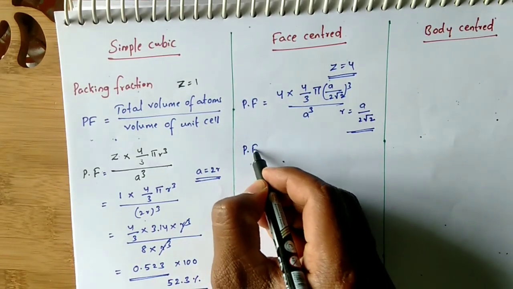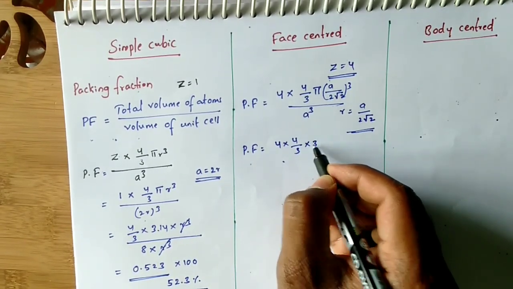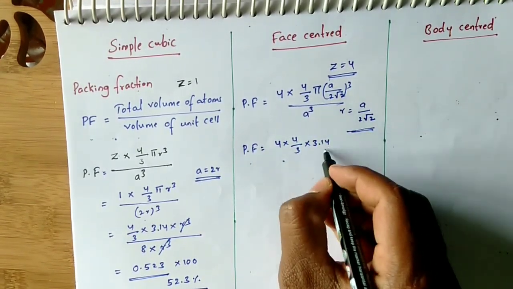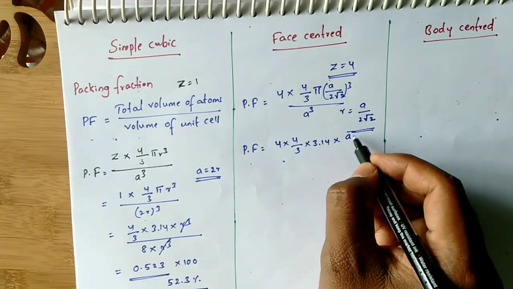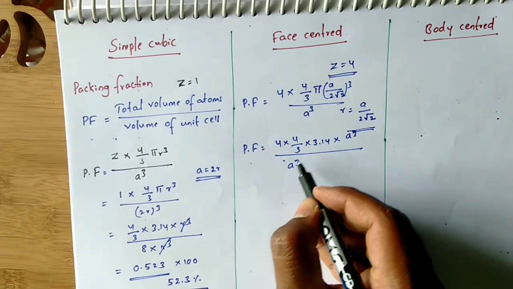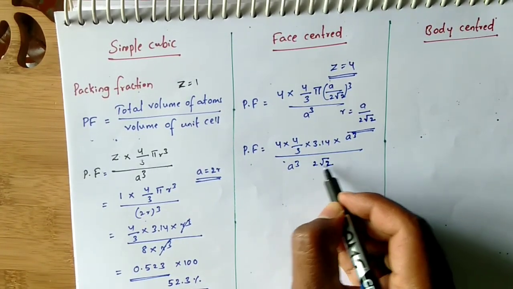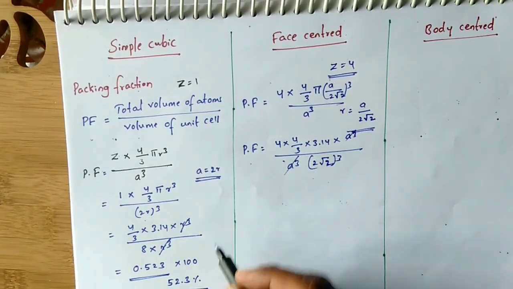Okay, so packing fraction equal to 4 into 4 by 3 into 3.14, pi value 3.14, into a cube by a cube into 2 root 2 cube. Okay, a cube gets cancelled.